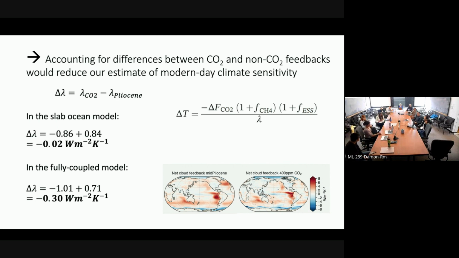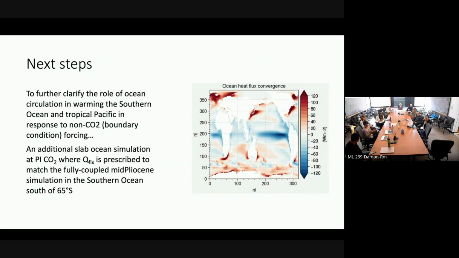One thing that we're doing next is to see what the role of ocean circulation was in that region. In our next simulation, south of 65 degrees south, I'm imposing the Q flux from the respective fully coupled simulation to see if that changes the cooling response.